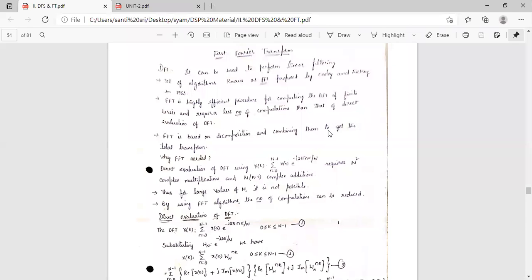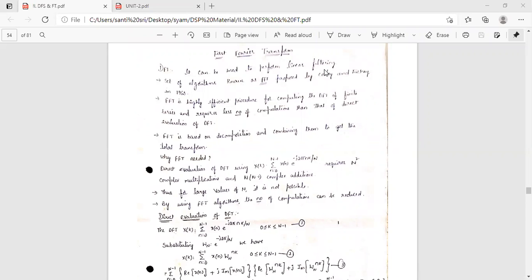Why is this FFT needed? Direct evaluation of the DFT using the formula X of k equals sigma n equals 0 to N minus 1 x of n e power minus j 2 pi nk by N requires N square complex multiplications and N into N minus 1 complex additions.